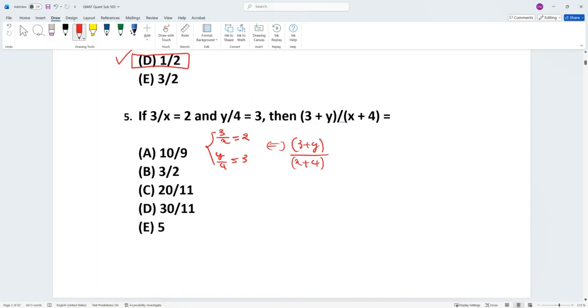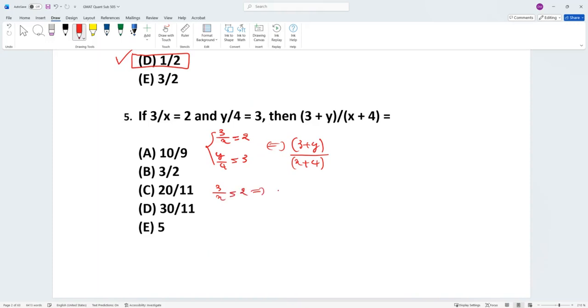Okay, so for more space, let me find. So what we're going to do here, we will say 3 over x is equal to 2.